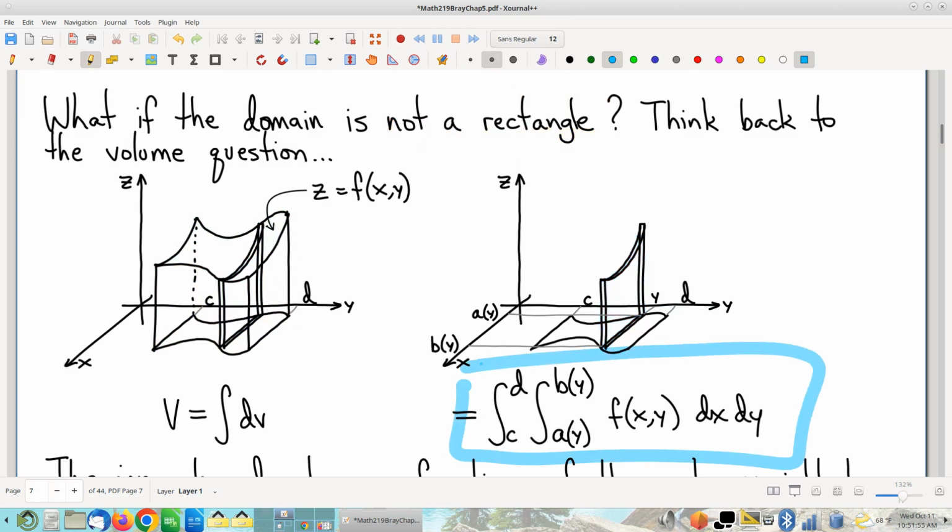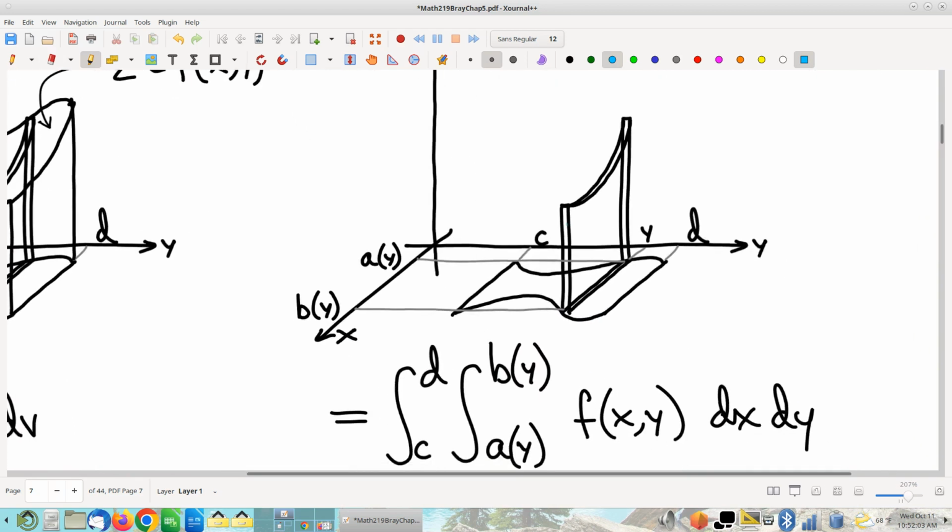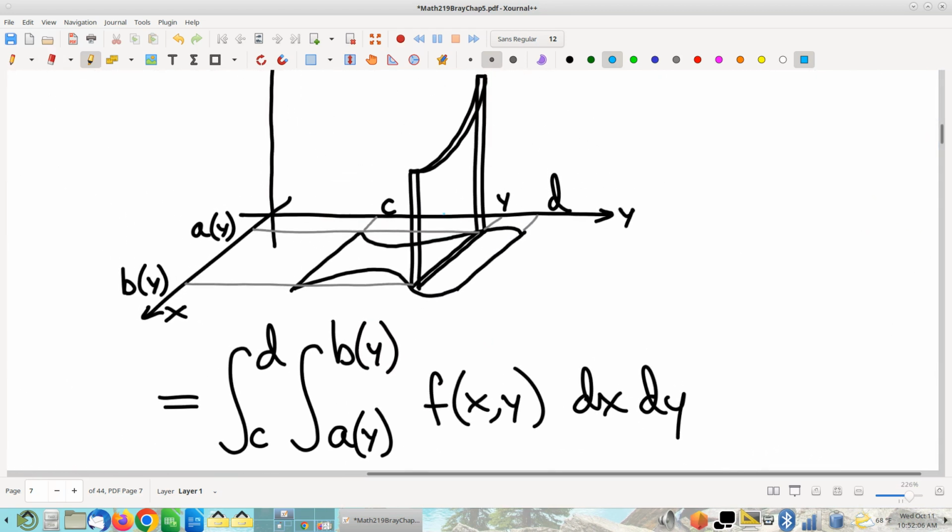So what is the difference? There's very little. It's really just one thing. The main difference is that if you look at the inner bounds, so let's think about a particular slice here, let's say, here.